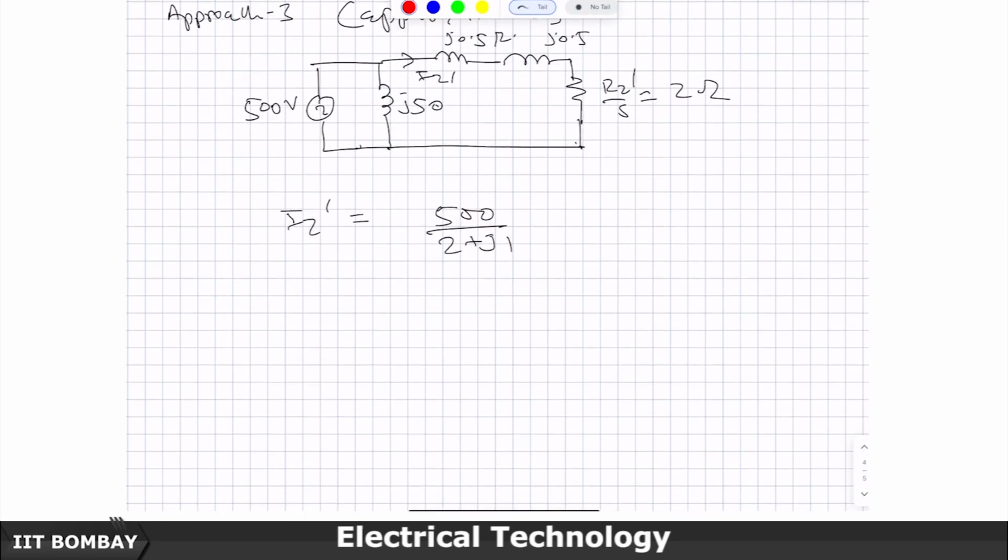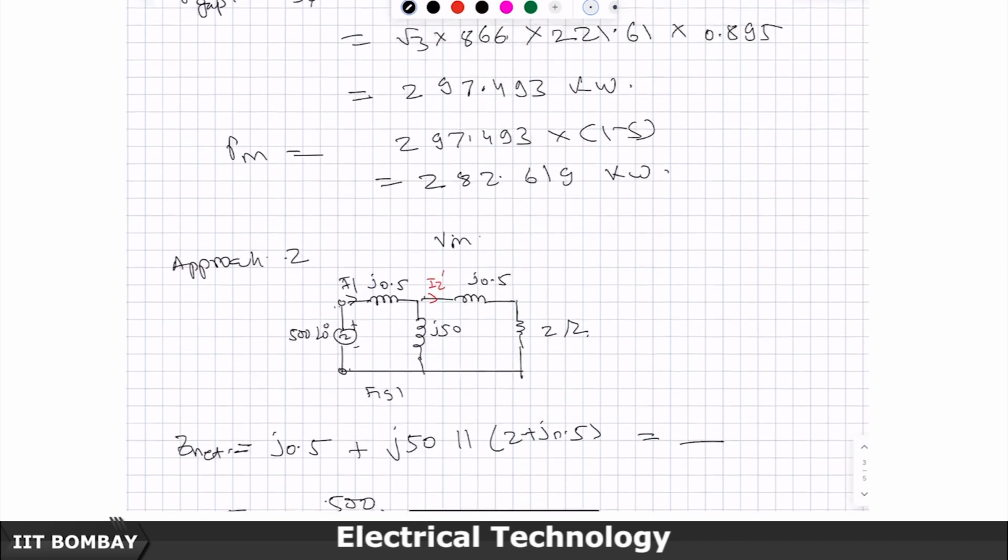Therefore, I can write this as 500 divided by square root of 5, the magnitude of I 2 dash, and this comes out to be 223.60 amperes.